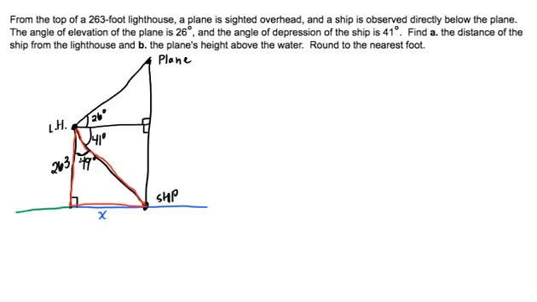Okay, then let's see. We need to relate the two known angles, or one known angle and one known side, to this unknown side X. Now we know that the height of the lighthouse is 263, and it's the side adjacent to this 49 degree angle. So we could use a trig ratio that will relate the adjacent side to the opposite side from that angle, and that trig ratio would be tangent.